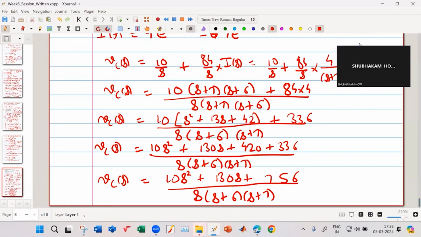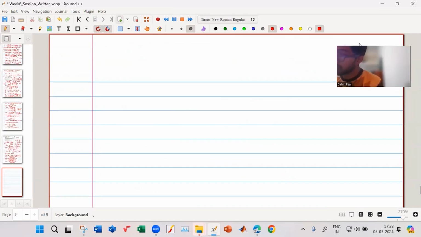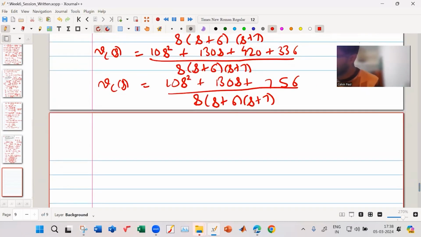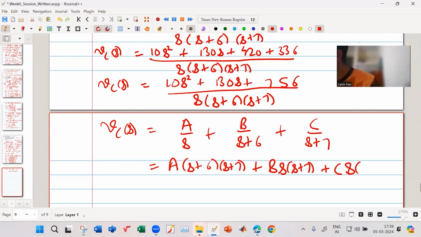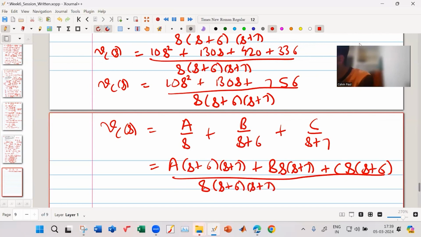So now I have to find the partial fraction of this. I will do partial fractions. I can write VC of S as A upon S plus B upon S plus 6 plus C upon S plus 7. So I write it down further as A into S plus 6 into S plus 7 plus B into S plus 7 plus C into S plus 6 divided by S into S plus 6 into S plus 7.